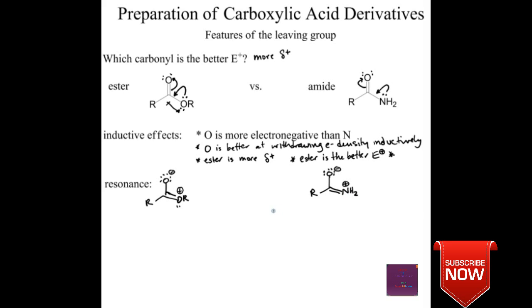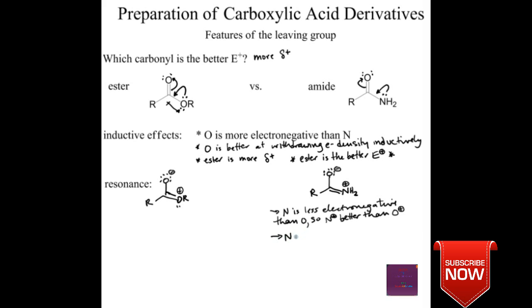So let's restate the fact that nitrogen is less electronegative than oxygen. So N+ is better than O+. In other words, nitrogen better handles the positive charge because it is more electropositive than oxygen.